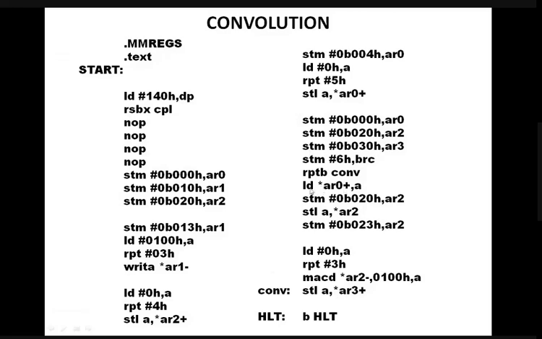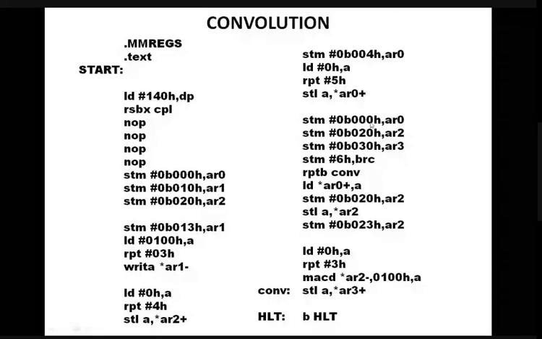Look at this. Load the accumulator with the content of the memory location pointed by AR0. AR0 is pointing to x of n, so that is B000. The content of B000 will be copied to the accumulator, which is x of n.